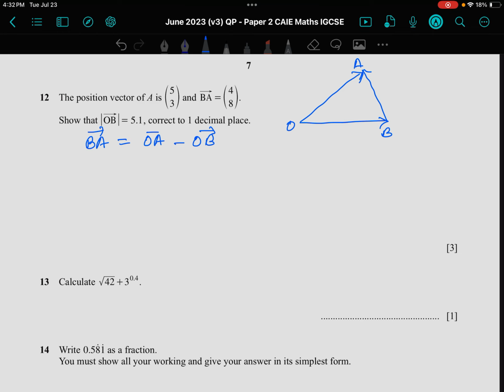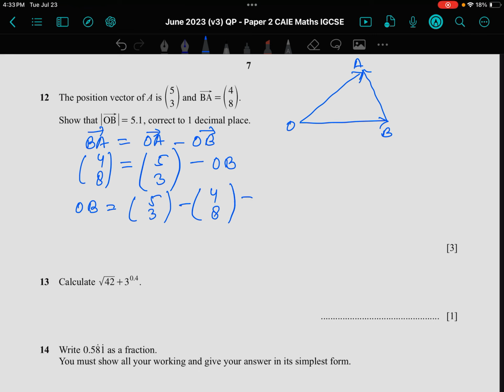Okay. So BA is what? (4, 8). OA is what? (5, 3). And OB we have to find out. So OB is equal to what? (5, 3) minus (4, 8). So it is 5 minus 4 is 1. 3 minus 8 is minus 5. So what is OB?